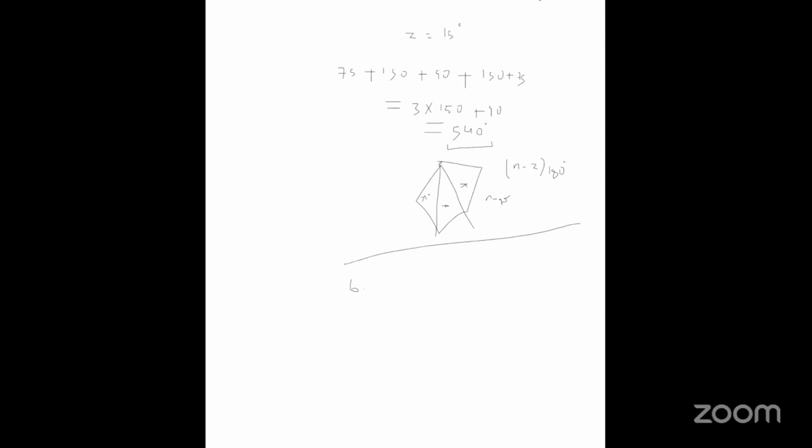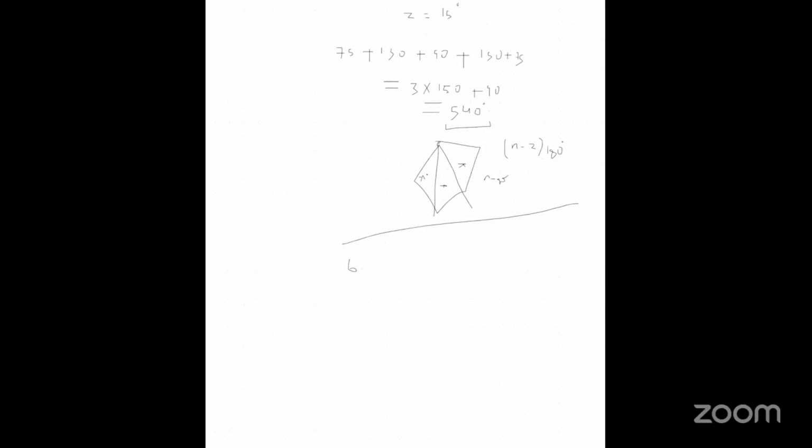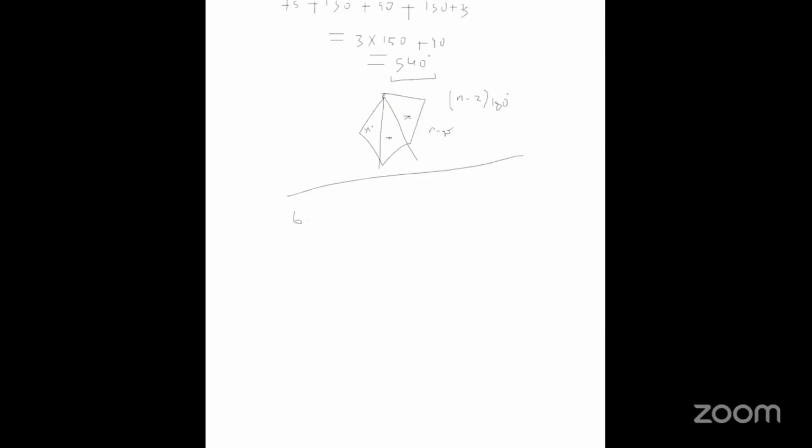Okay, so let's move on to question number 6. So you have point P on the circumcircle of ABCD, which is a square. Okay, so you have ABCD.